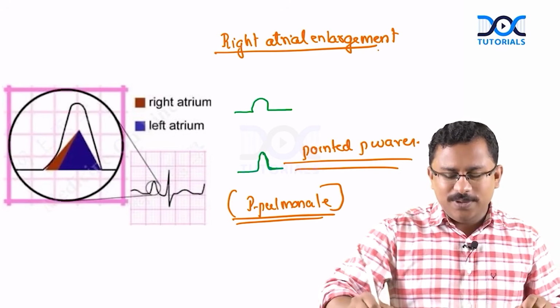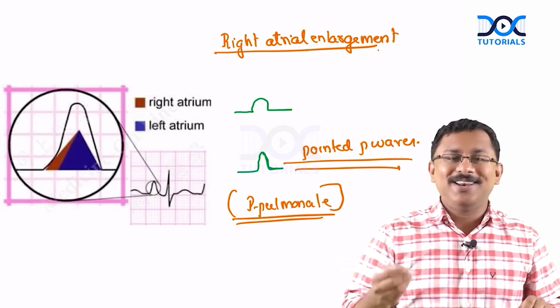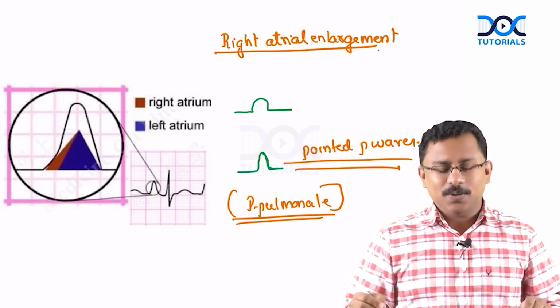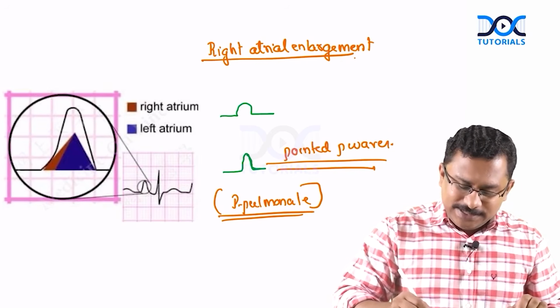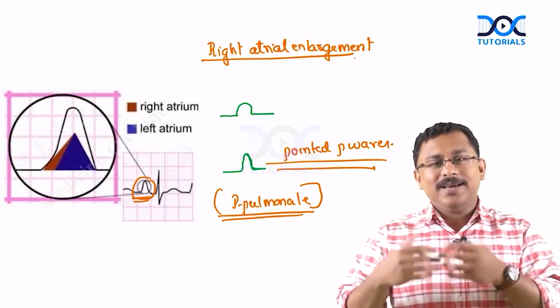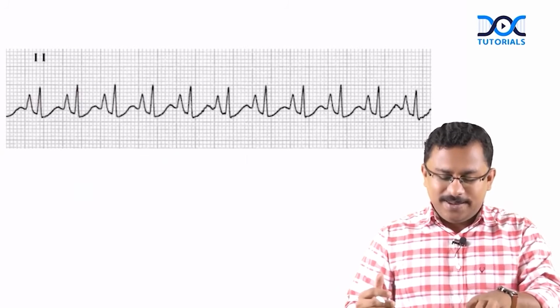So that is what you get in P pulmonale corresponding to right atrial enlargement. Even in this graph you can see the increase in the height of the P wave.